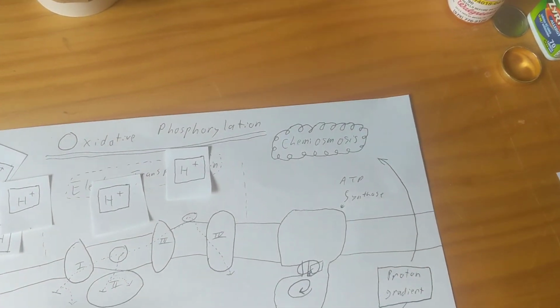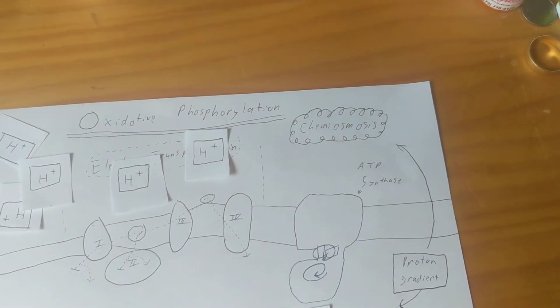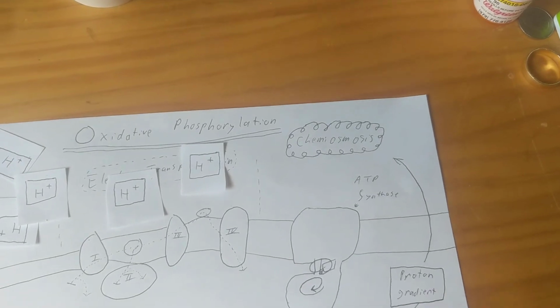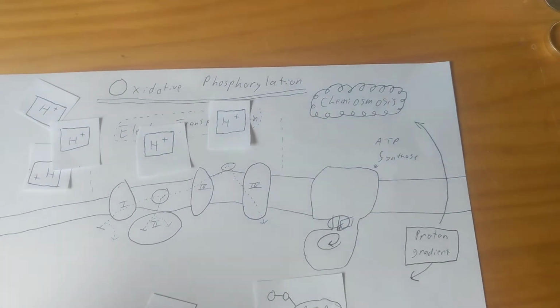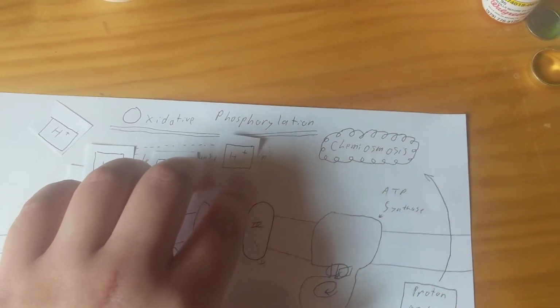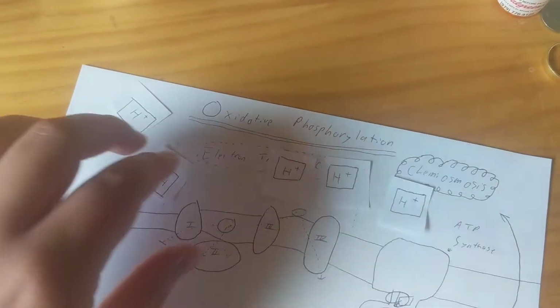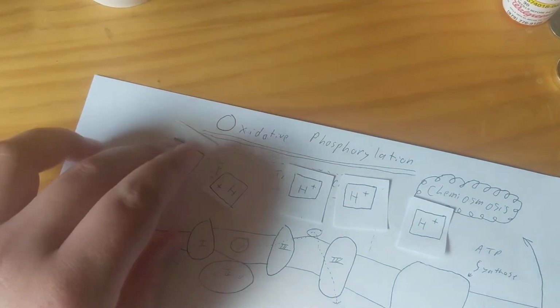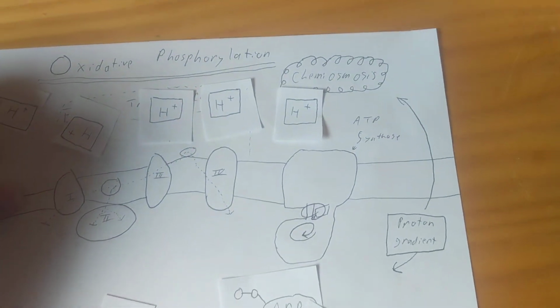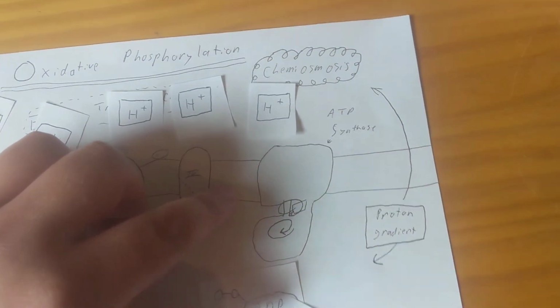And this is a term called chemiosmosis, where the protons act in an osmotic way, moving from more dense to less dense. And the protein, or series of proteins, that allow that to happen is called ATP synthase, which is right here.